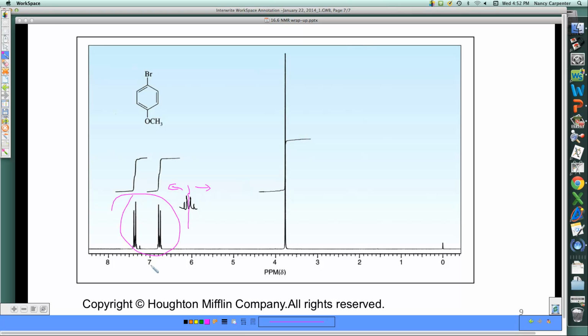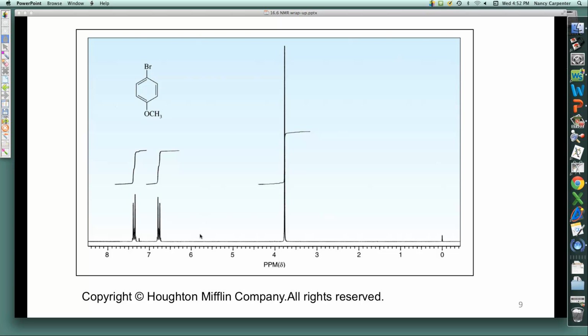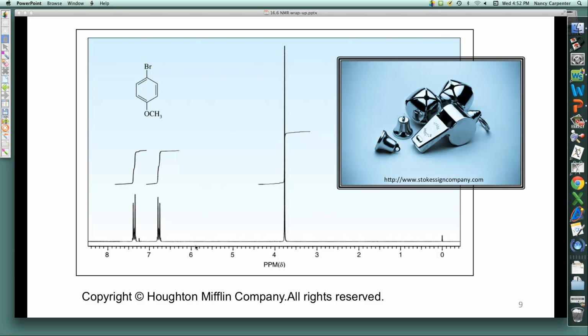This very symmetrical 2 doublet type pattern is absolutely bells and whistles for a para-substituted compound. So if you see this quartet type thing, it's screaming, I tell you, para-substituted aromatic.